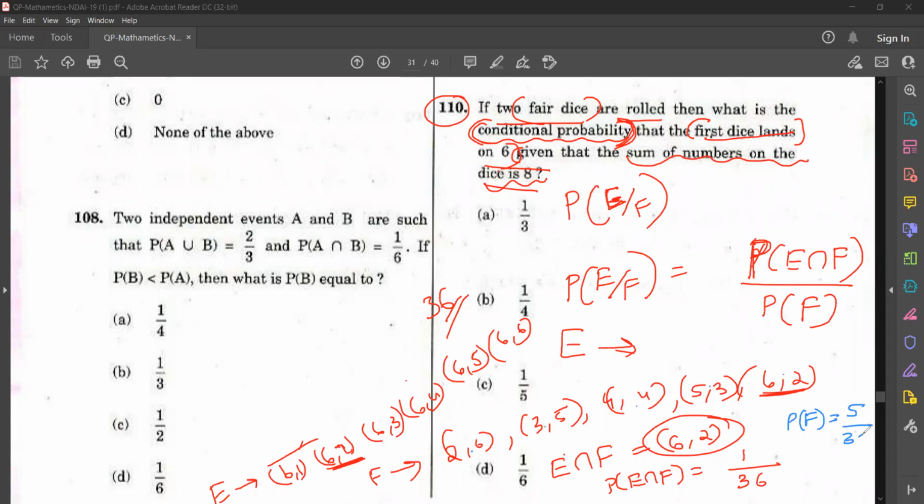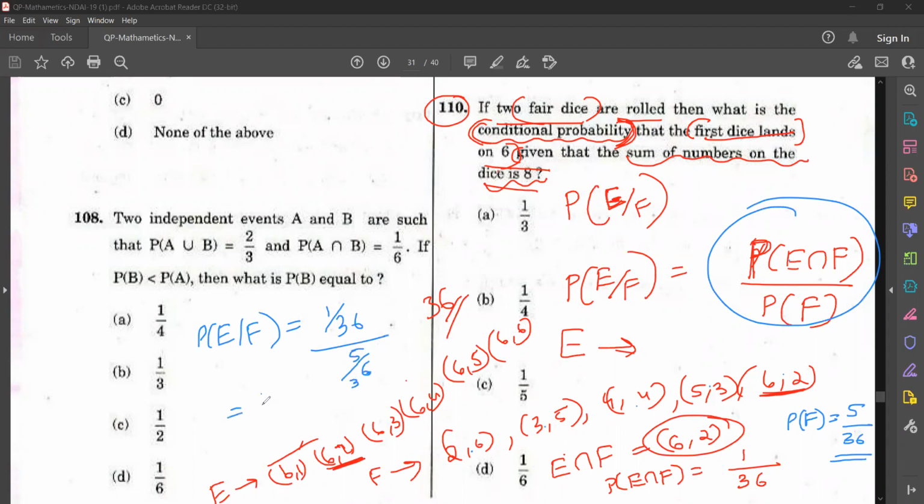So 5 by 36. Substituting, P of E given F is P of E intersection F by P of F, so 1 by 36 divided by 5 by 36. The answer is 1 by 5. That is option C, the correct answer.